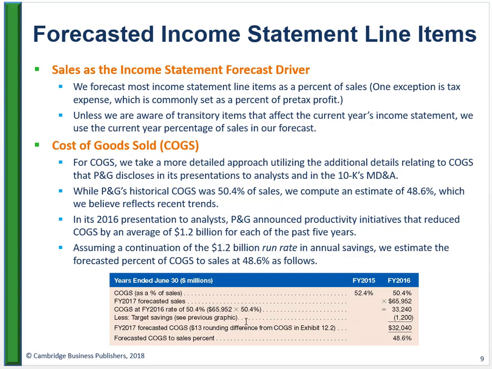So when we look at those individual line items, we can go into a little bit more detail here. And we see that our authors give us some rules of thumb, so to speak, for sales, and they note that insofar as sales is concerned, the most common manner in which we forecast sales is as a percent of sales.